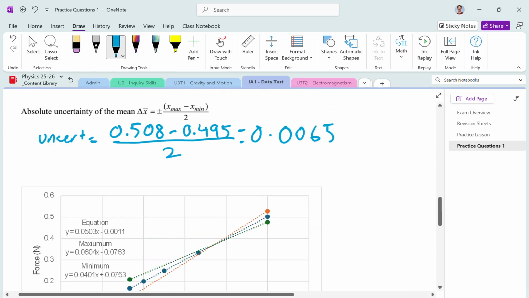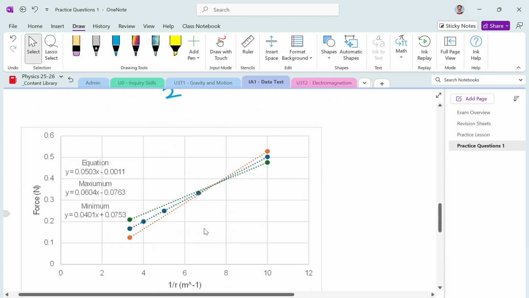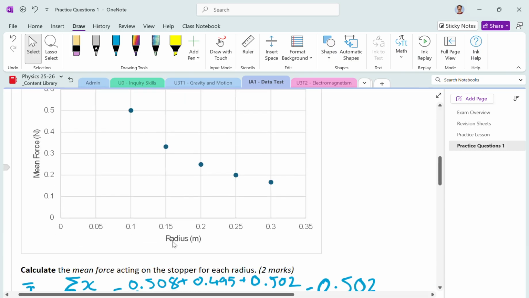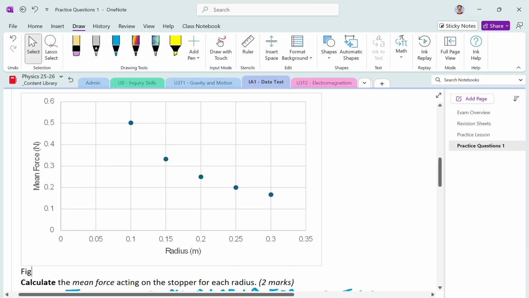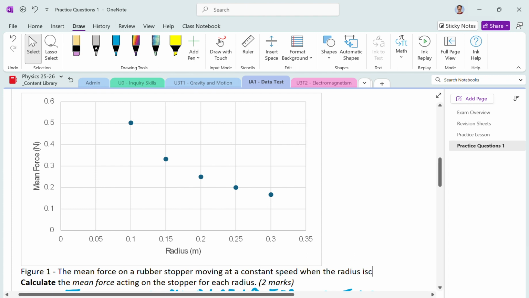Now we are moving on to a linearized graph. I do now realize there should be a title associated with these graphs. I'm sorry. Figure 1: the mean force on a rubber stopper moving at a constant speed, and the radius is changed.